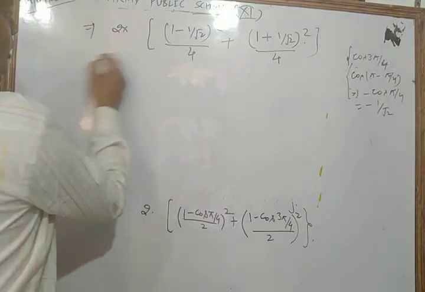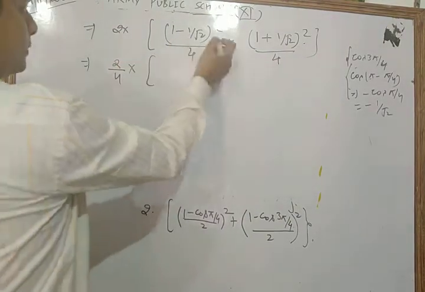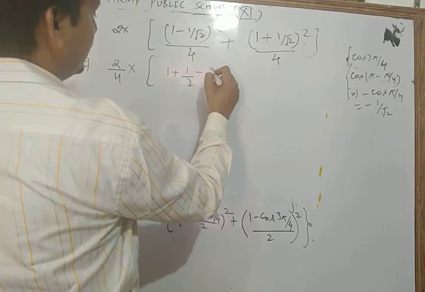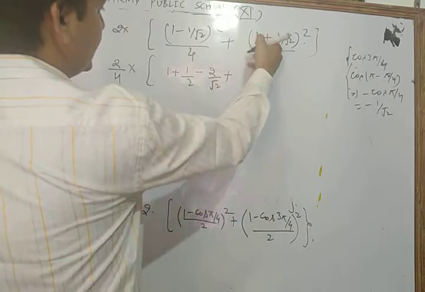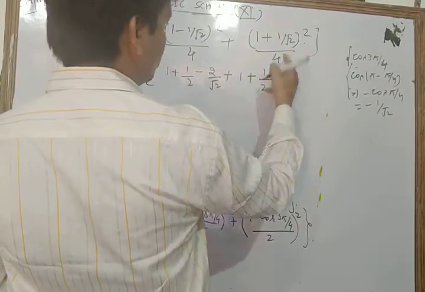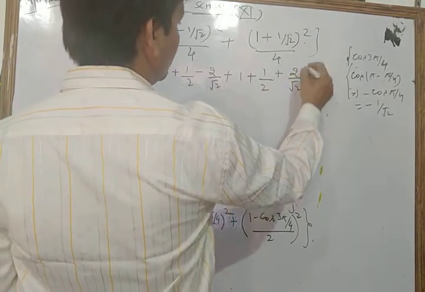Okay, now let's see. Take 4 as common, that is 2 by 4 into, we split that part, a square plus b square minus 2ab, that is 2 by root 2. Same work done in that place. A square plus 1 upon 2 b square plus 2 by root 2.